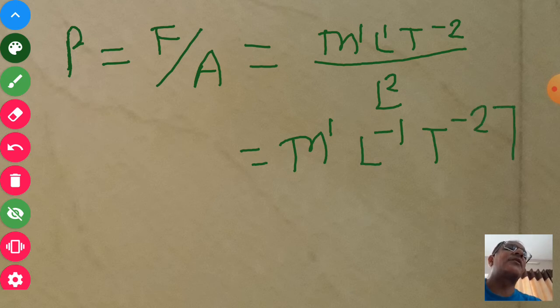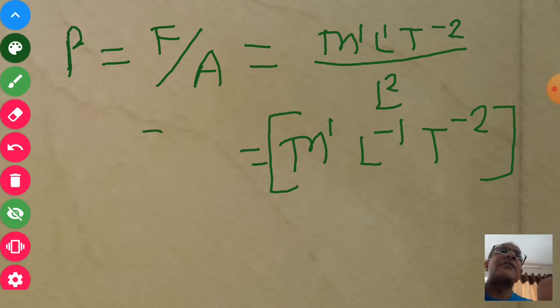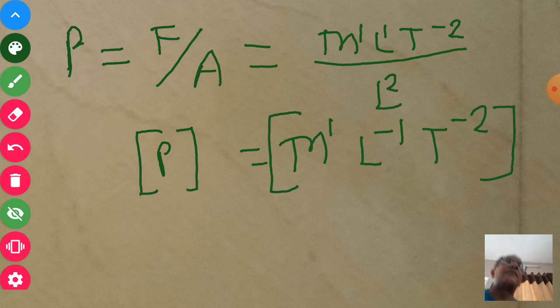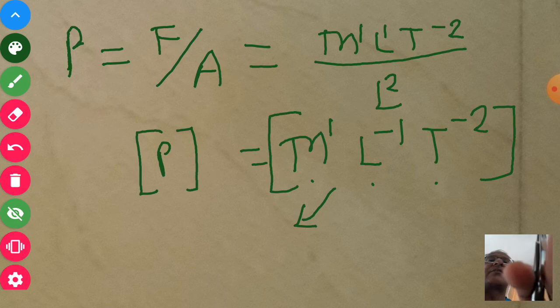This way also you can simplify and get the dimensional formula for any quantity. Pressure is M1 L minus 1 T minus 2. So the unit you can directly write: kilogram meter raised to minus 1 second raised to minus 2. Yesterday we have discussed.